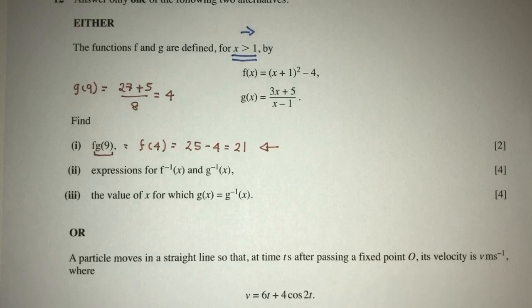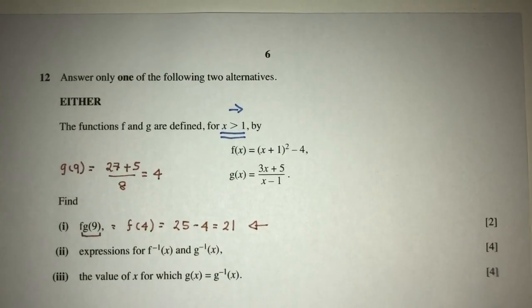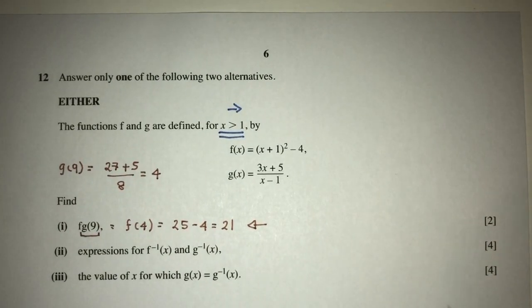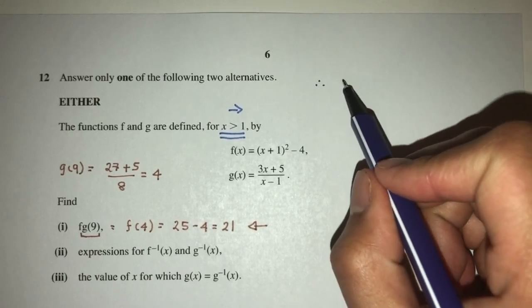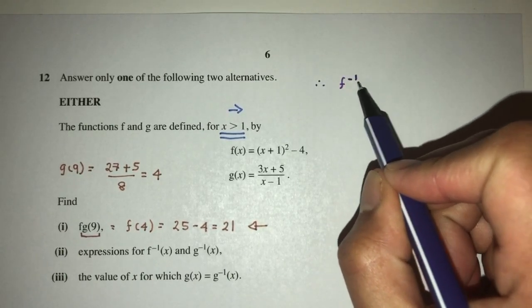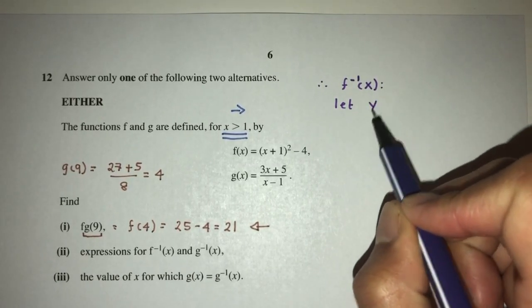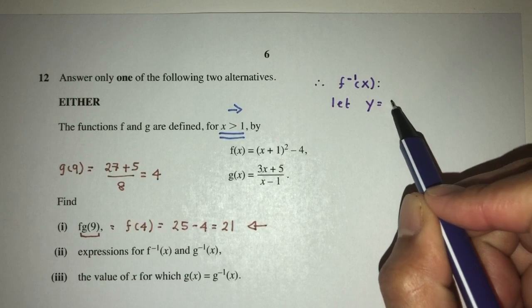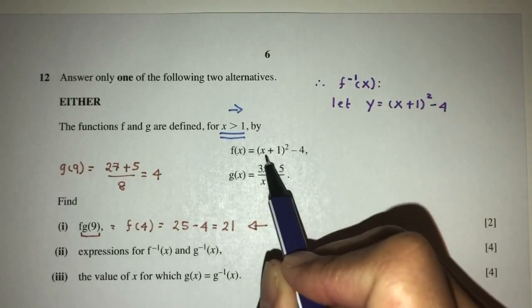Now for part 2, we have to find f inverse and g inverse of x. So one by one, this is pretty easy. And I hope you know how to do this by now. So first, find the inverse of f. We first let y equal to f of x, which is (x plus 1) squared minus 4, given to you right here.